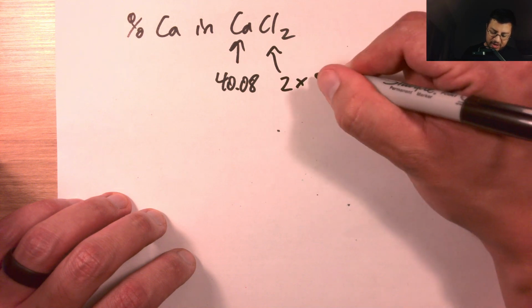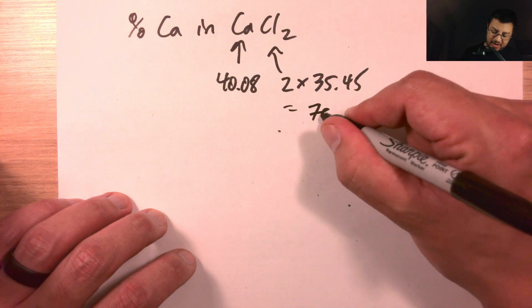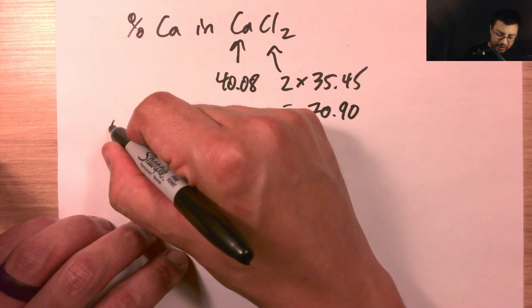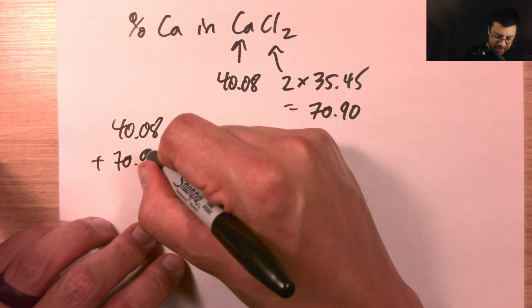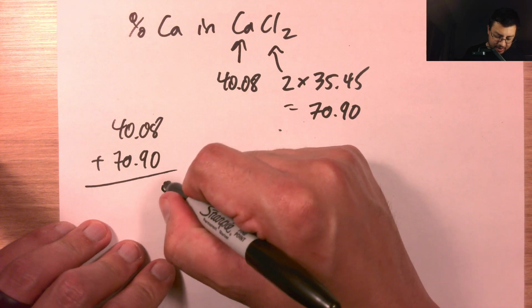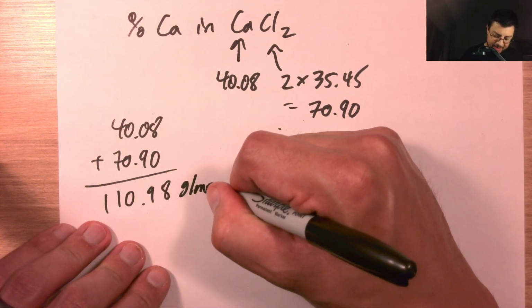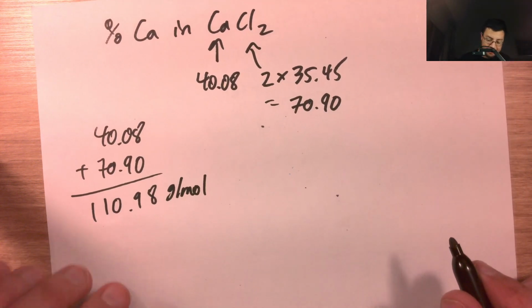Chlorine is going to be 2 times 35.45, and that's going to be 70.90. So to get the total, I would go 40.08 plus 70.90, and I would get 110.98 grams per mole.